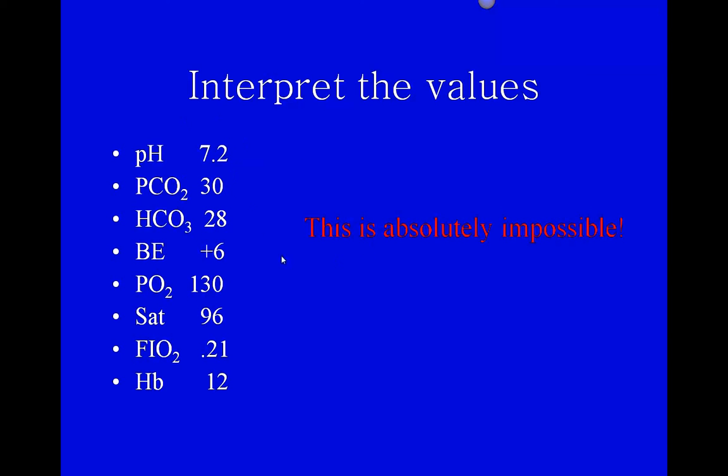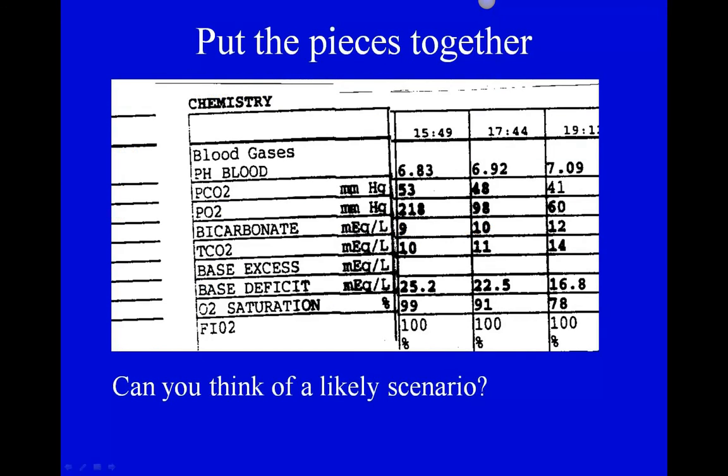And so either the blood sample was corrupted somehow, or the machine that's doing the sample is not correct. I can't have a CO2 that's an alkalosis and a bicarb that's an alkalosis and have a pH that's an acid. It cannot happen.